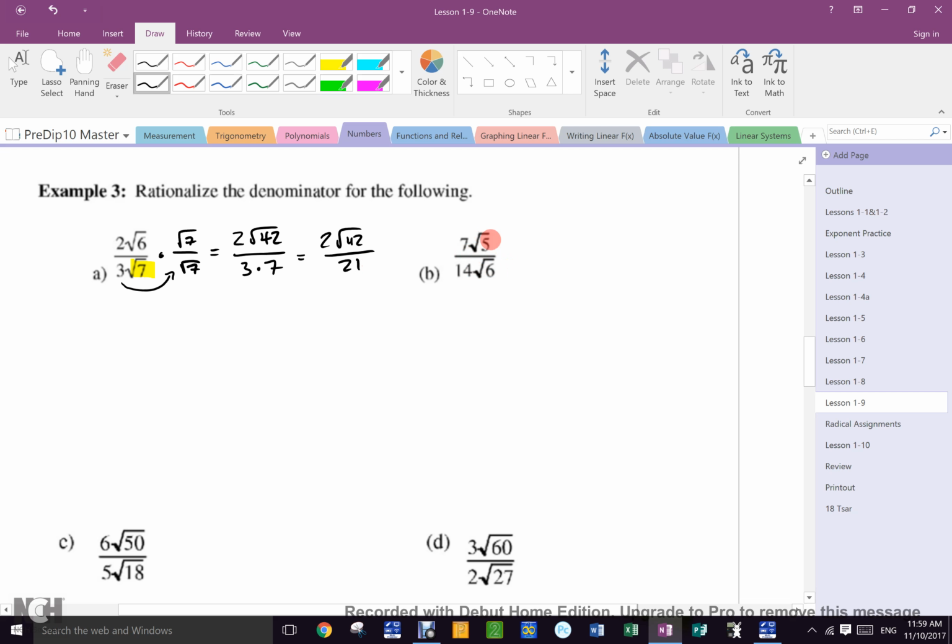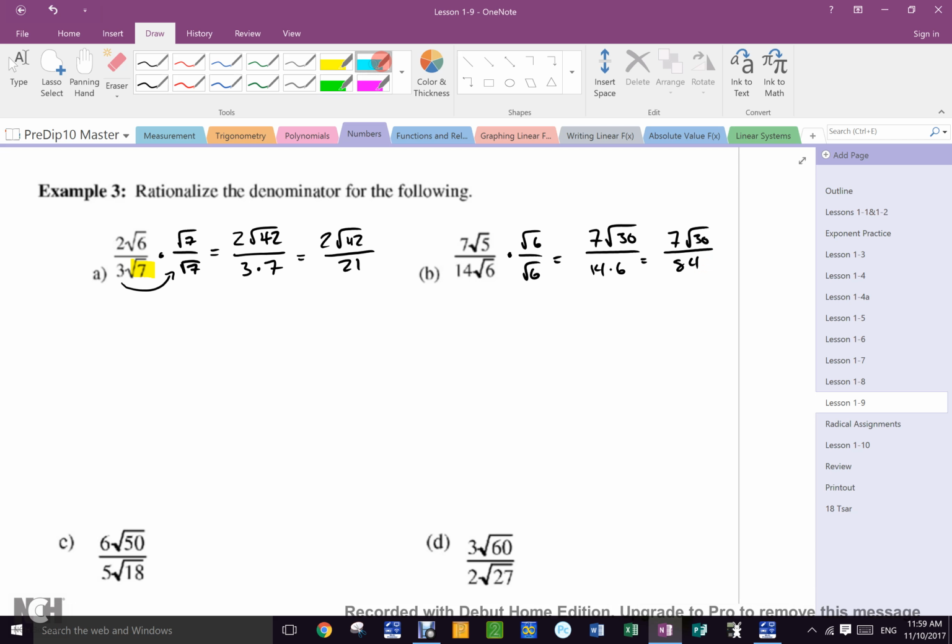So, what do I got to multiply here? Just the root 6. That's what I meant. So what do I get? 7 over 14 times 6, which is 84. Now look.